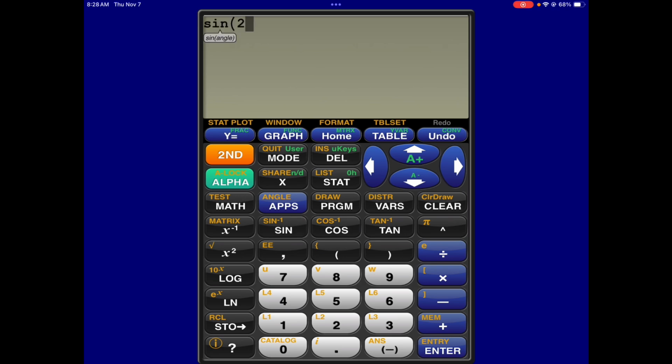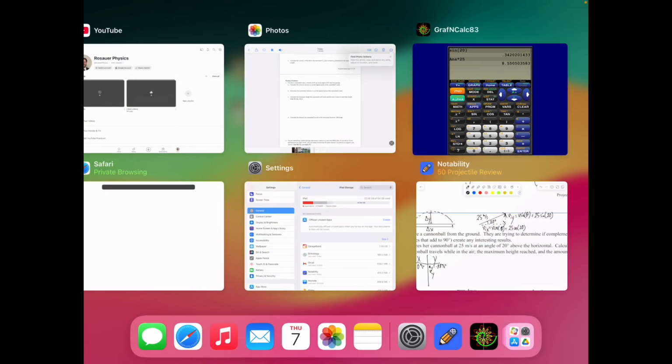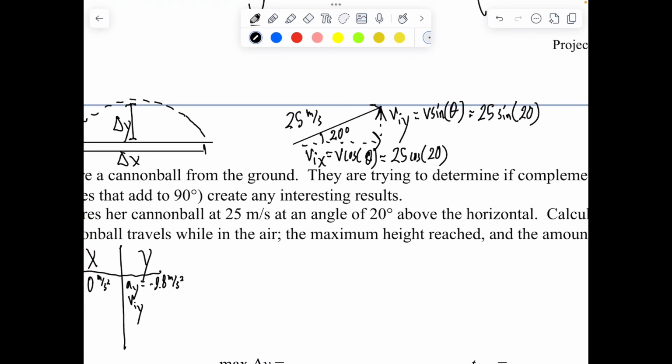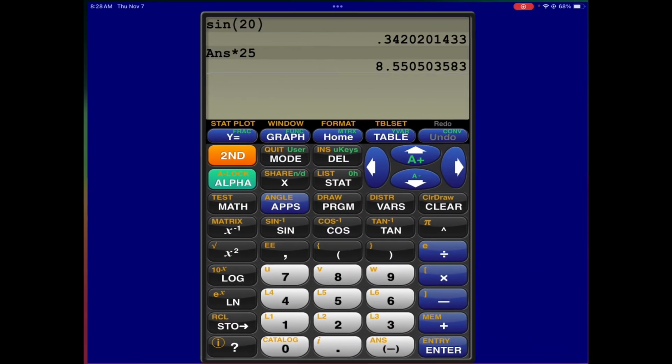So we'll say sine of 20, that angle. Plugging in the angle's 20. Then we're multiplying by that launch velocity, which is 25. Get our answer here, 8.55. That was our sine, so that is our initial velocity in the y direction, 8.55 meters per second. Let's do that now for our x direction, so we'll be using cosine.